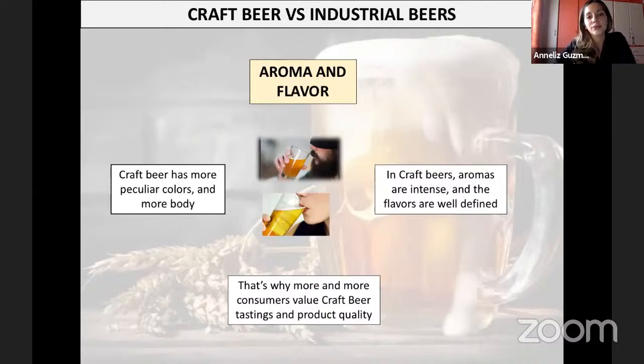And in some beers, depending on the type of malt that they use, you can feel other types of flavors. And in aroma, for example, with hops, you can feel fruits like banana, citrus, and you can feel other types of fruits.